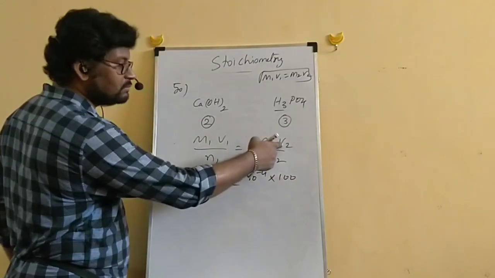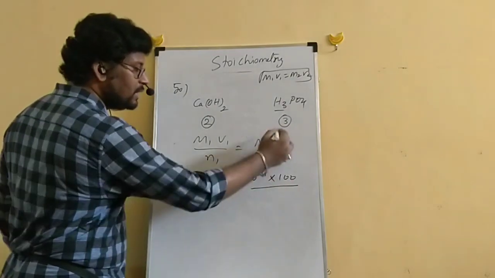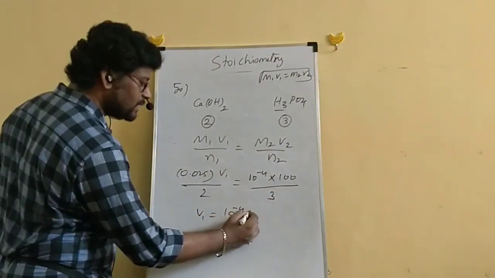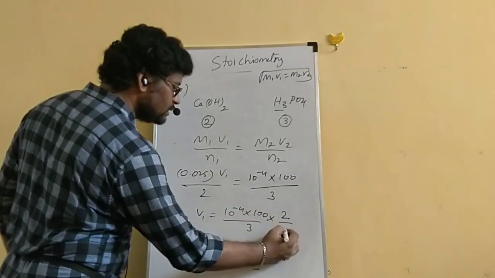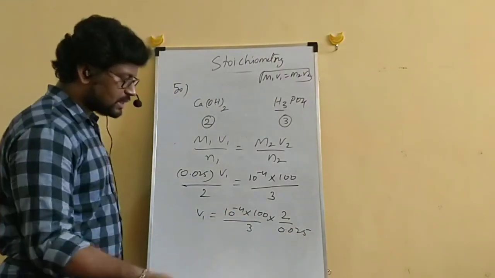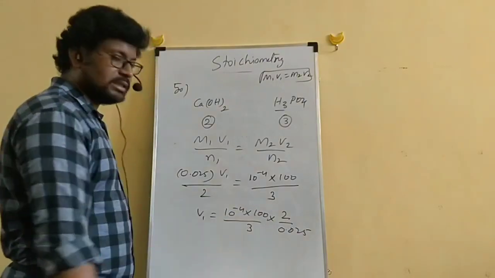When we substitute volume in ml, we will get volume in ml only, divided by N2, which is 3. So V1 is equal to 10 power minus 4 into 100 divided by 3 into 2 by 0.025. 10 power minus 4 into 100 means 10 power minus 2. Do this calculation and you will get the answer.